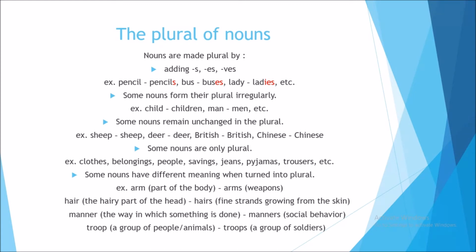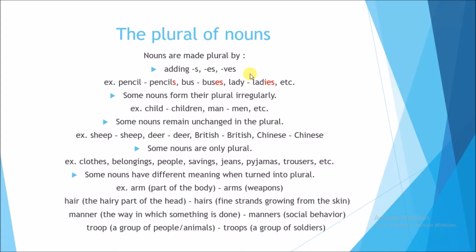In this part, we are going to learn something about the plural of nouns. Now, nouns are made plural by adding s, es, or ves. Pencil, pencils. Bus, buses. Lady, ladies.